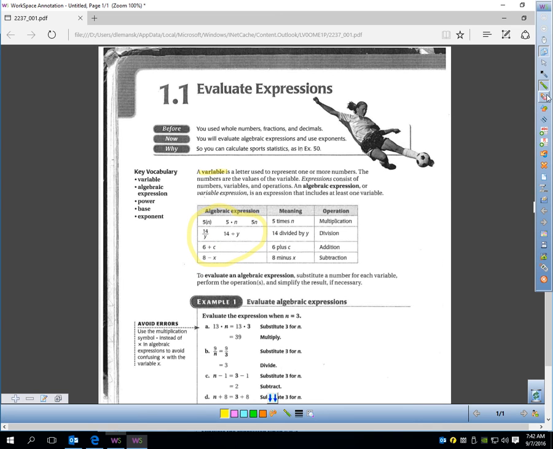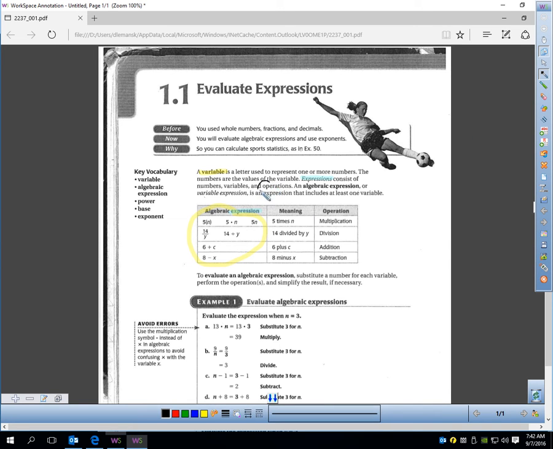Second term that we should be aware of is the term expression. Okay, what is it, when I just use the word, or you see right here the word expression, what does that mean? It means we have something consisting of numbers, variables, and operations. Now I think you know what a number is. I think you know what a variable is. So the question is, what does it mean when they say the word operation?